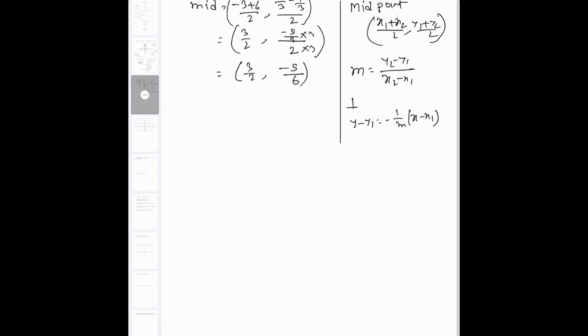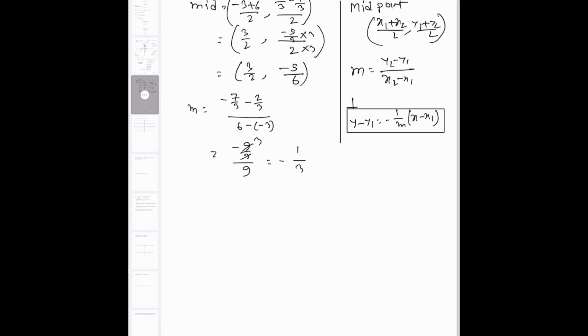Then let me find the gradient m. So minus 7 by 3 minus 2 by 3, divided by 6 minus 3. Now simplify. It becomes minus 9 by 3 divided by 6 minus minus 3, so 9. 3 threes are 9, that means minus 1 over 3.